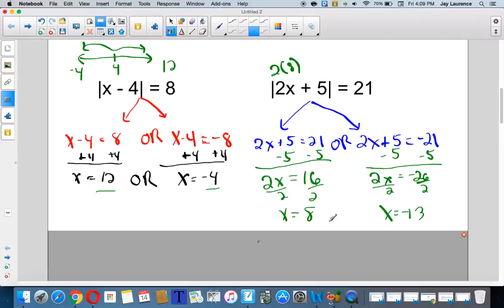So you can't just go, oh, I'm going to get 8 and negative 8. I don't have to do both equations. I'm smarter than that. No, actually you're not. You got to do both equations. All right, 2 times negative 13 would be negative 26, right? And negative 26 plus 5 would be negative 21. And the absolute value of negative 21 would be positive 21, and that's what it's supposed to be.